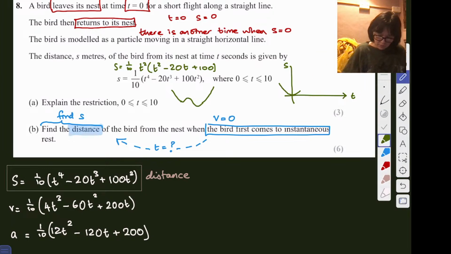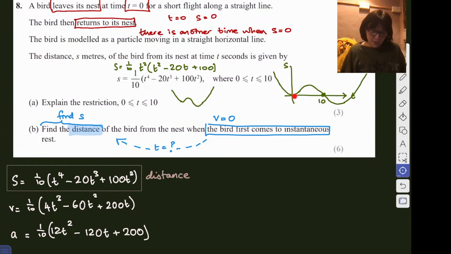So I could do a bit more thought, but I think it's going to be something like that, and that this, I'm guessing, is going to be 10. And the reason I'm guessing that that's going to be 10 is that the bird leaves the nest, S is 0, flies away, instantaneously at rest.